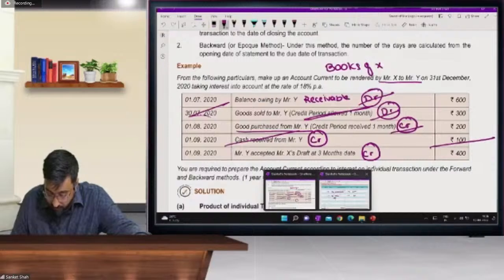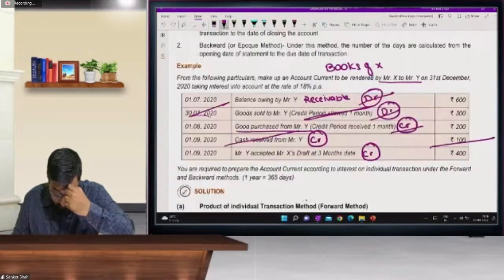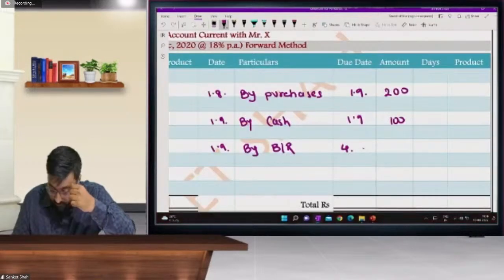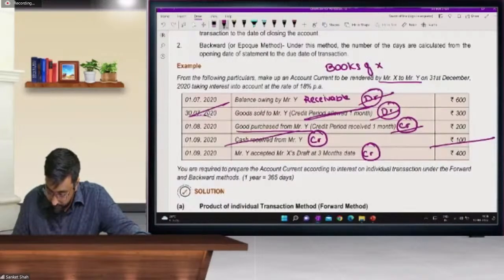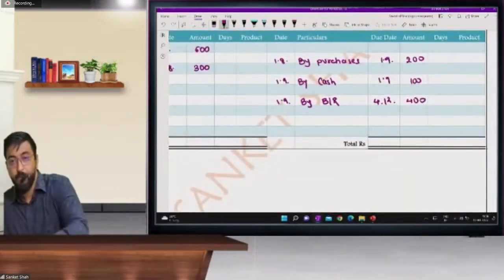Now this is a bills problem, beta. 1st September, by bills receivable, for December, 400 rupees. Okay, over.